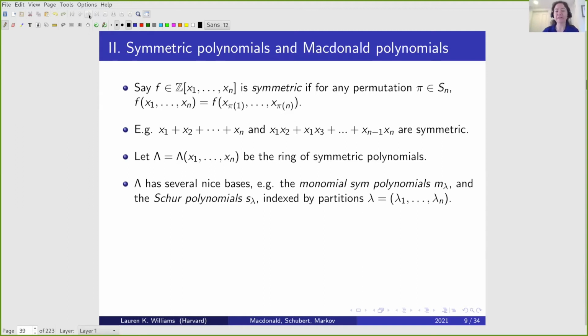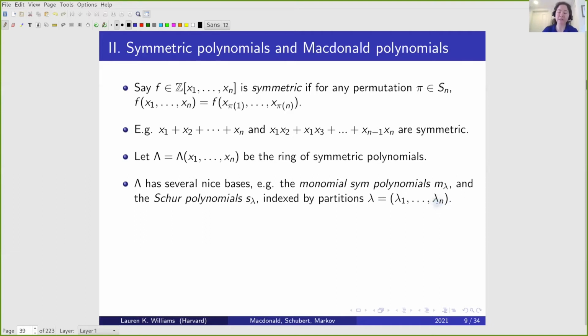So this ring has several very nice bases. The monomial symmetric polynomials m lambda, which are obtained by taking a monomial x to the lambda and then adding all terms you need to add in order to make it symmetric. More importantly, the Schur polynomials s sub lambda. So the bases for this ring of symmetric polynomials are indexed by partitions lambda.